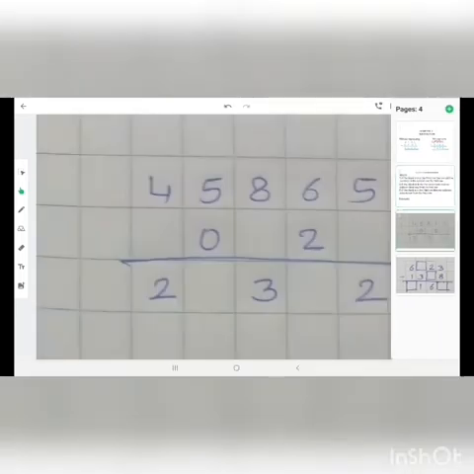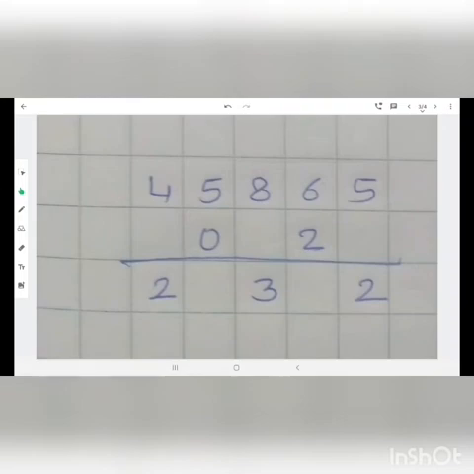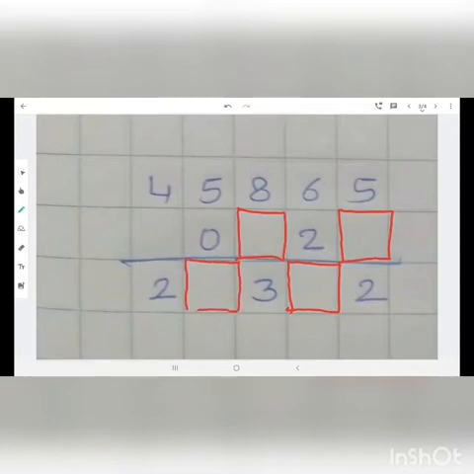Now let us look at this number which has got some blanks. The blanks given here are this in the second place, then in the second row, then here in the last row, and again in the second row.